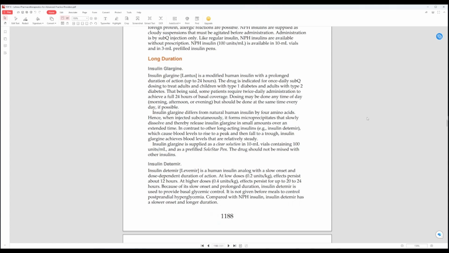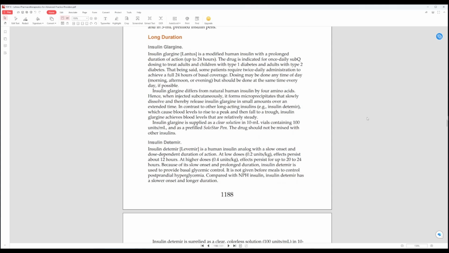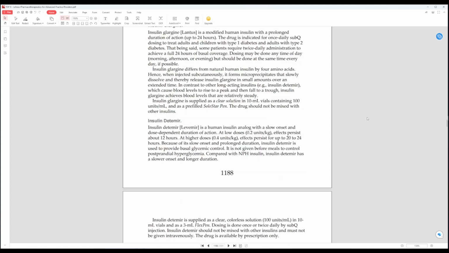And that takes us to the long duration. Insulin glargine, also known as Lantus, is a modified human insulin with a prolonged duration of action that can last up to 24 hours. The drug is indicated for once-daily subcutaneous dosing to treat children and adults with type 1 diabetes and adults with type 2 diabetes.